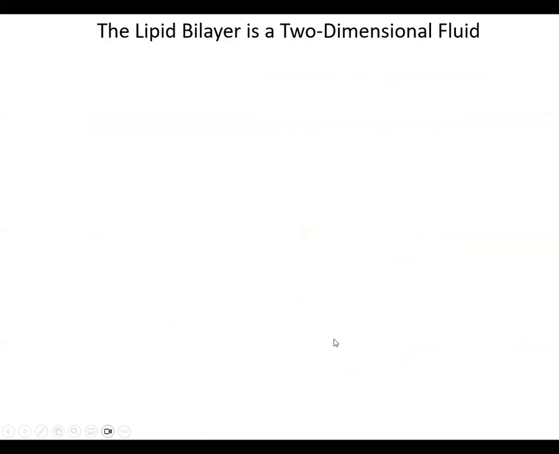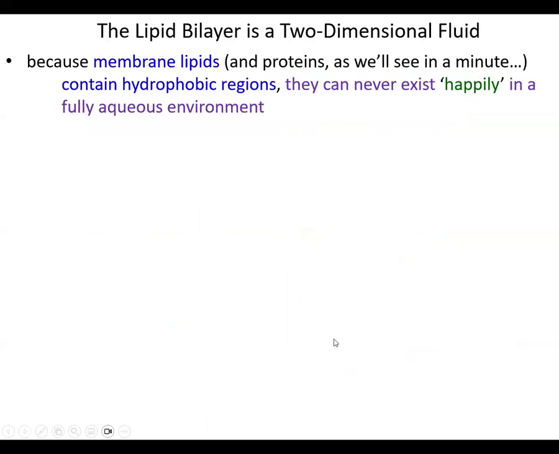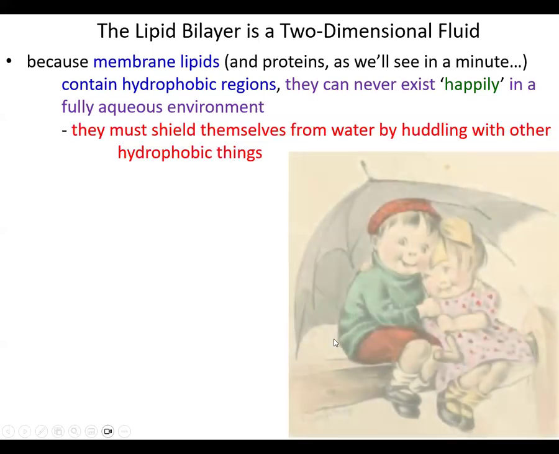Okay, so let's talk about the membrane being a two-dimensional fluid. What does that mean? Well, membrane lipids contain hydrophobic regions. We've just said that. And these hydrophobic regions can never exist happily and in a fully entropic state in an aqueous environment. At all times, the universe is going to try to cluster and huddle those hydrophobic bits so that none of them, ideally, are exposed to water.